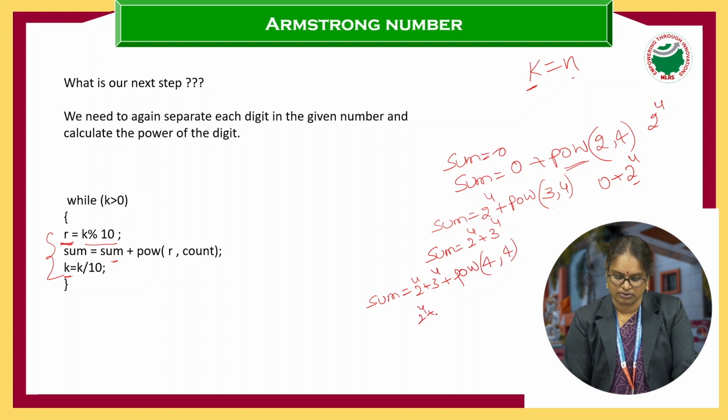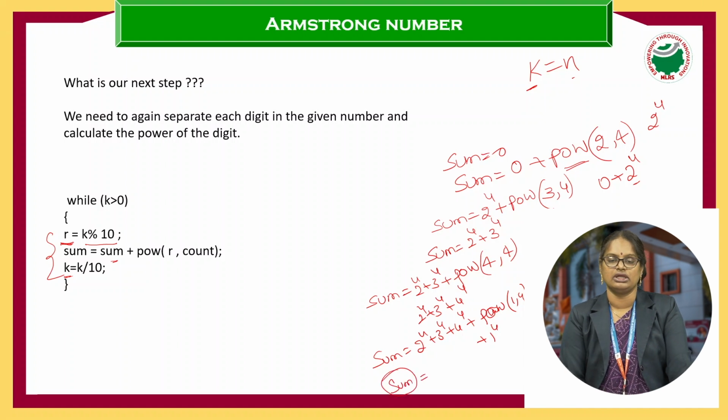So it is 2 power 4 plus 3 power 4 plus 4 power 4. Then sum is equal to previous one plus pow of 1, 4. So this will be added as 1 power 4.